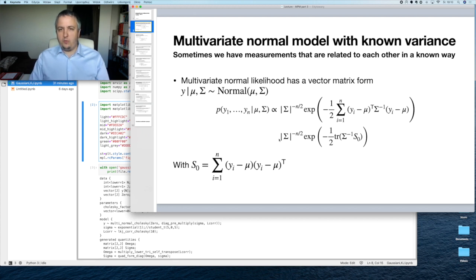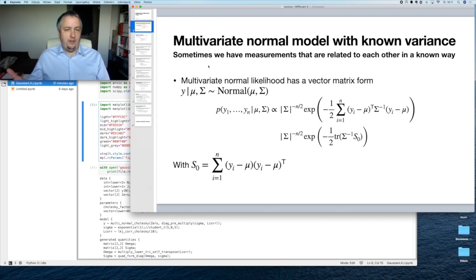So generally we use multivariate normal models in case of an existing relationship between our measurements or an existing relationship between our parameters. So we have a situation where our parameters depend on each other, and multivariate normal distributions are useful to capture certain relationships of this kind.